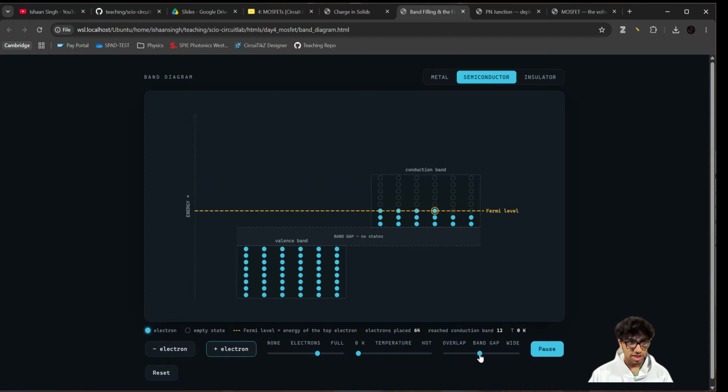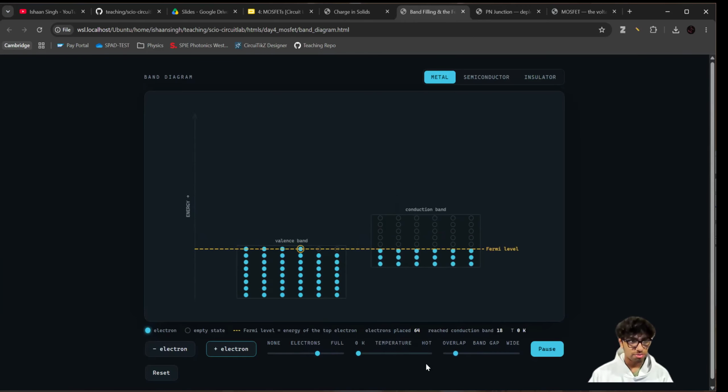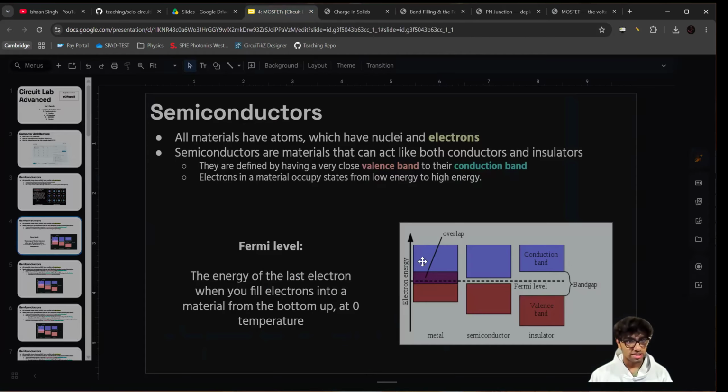And particularly for materials for which these two bands overlap, you can see you don't need to get as high energy to reach the conduction band. That's why in these band diagrams, we draw conductors or metals as having overlap between the bands, and insulators having a big gap between them. There's more to it than this. I'm hand waving, and I'm sure there are many questions that remain. But this is just a model for thinking about why we use this terminology of bands.